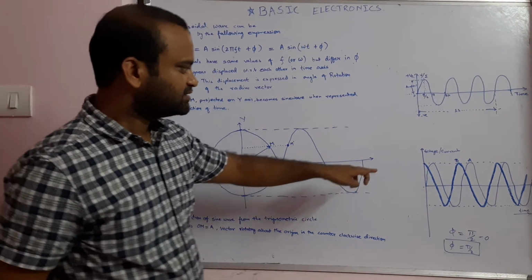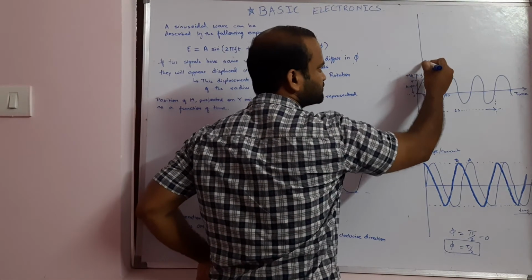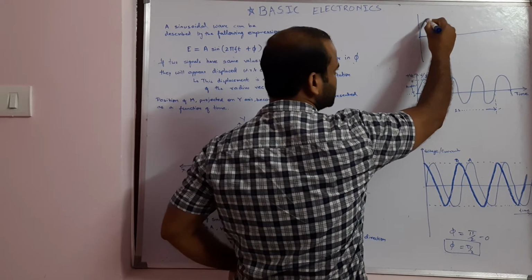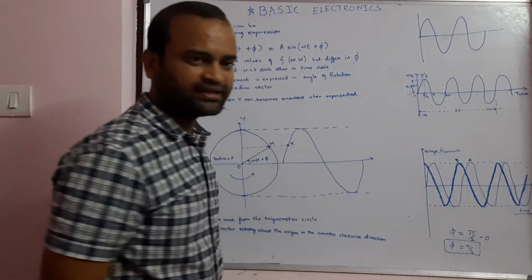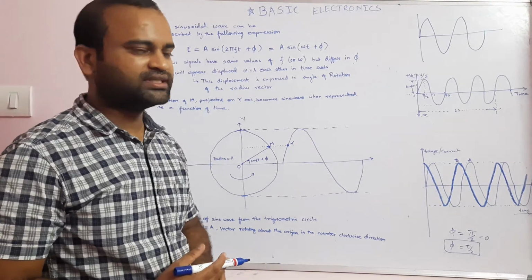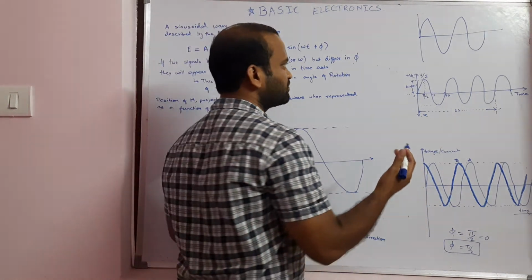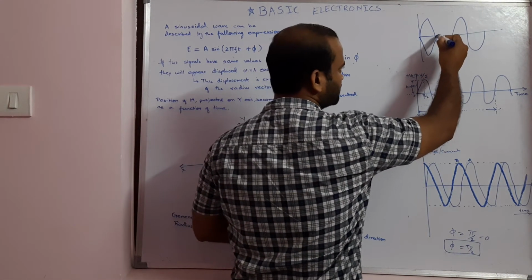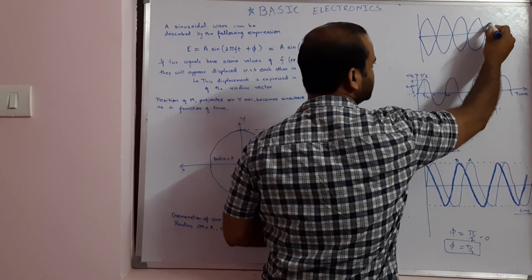Similarly, if the phase difference is 180 degrees between the two signals, then consider this is signal A, then signal B should be exactly opposite to signal A. Hence, if the phase difference is 180 degrees, then this will be the signal.